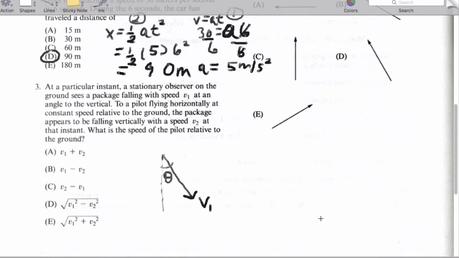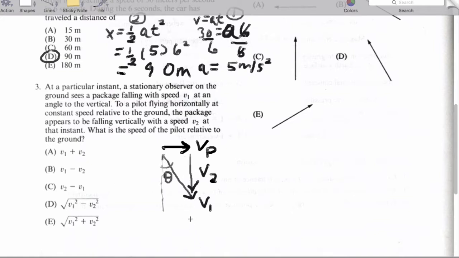Now, a pilot flying horizontally sees the package falling vertically at a speed v2. Okay? So let's be clear. What that means is that the horizontal speed of the pilot has to be that vector right there. And it turns out that these form a nice little right triangle.